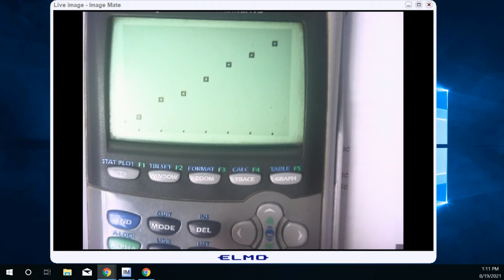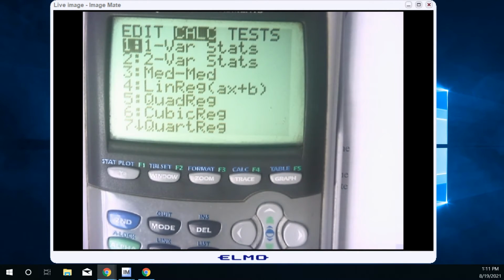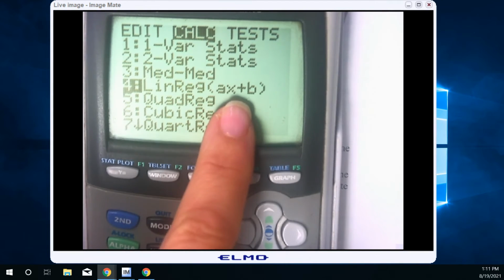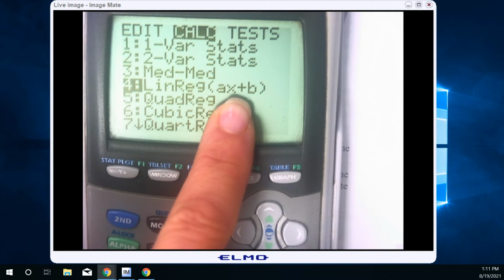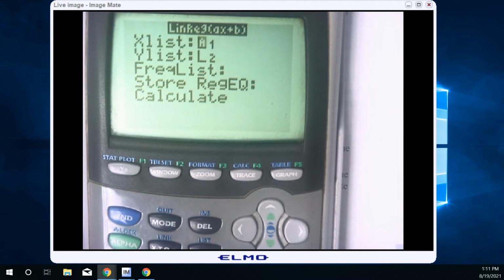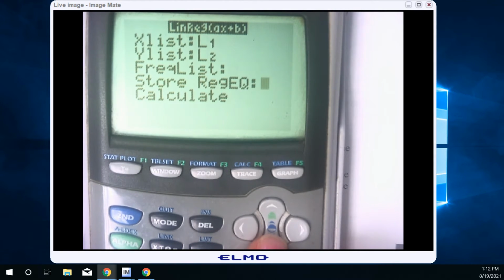Stat, calc, and I want the linear regression, y equals mx plus b, 4. Now, do I have my x's in list 1? Yes. Do I have my y's in list 2? Yes. I'm not worried about the frequency list. That is basically for your histograms and frequency tables.